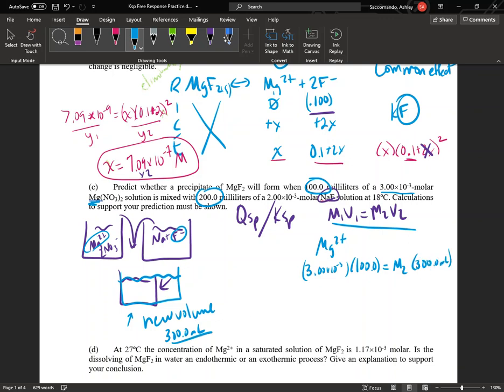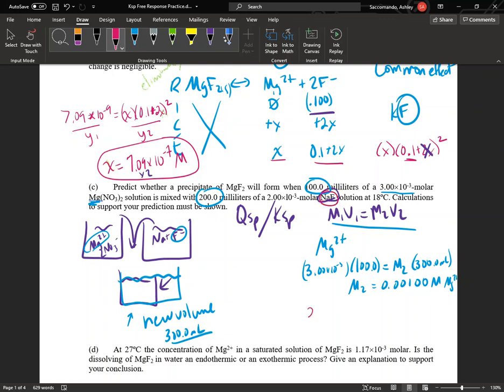So the new molarity is 3 times 10 to the -3 times 100 divided by 300, which is 0.00100 for the Mg.